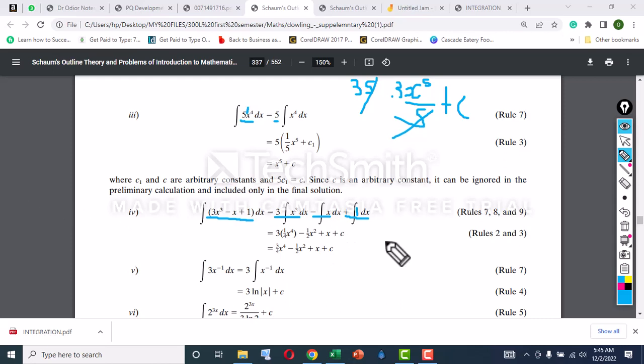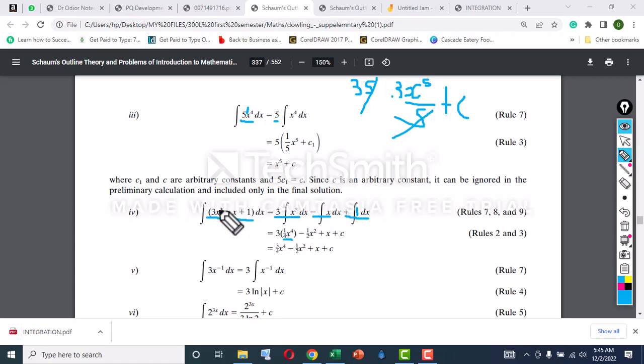We are integrating those three separately. Now for 3x cubed, they have applied this rule here. They brought out the 3 separately and have x power 3. Then they apply the rule of integration, so this x power 3 will now be x power 3 plus 1, that's 4 over 4. That's how they get this.